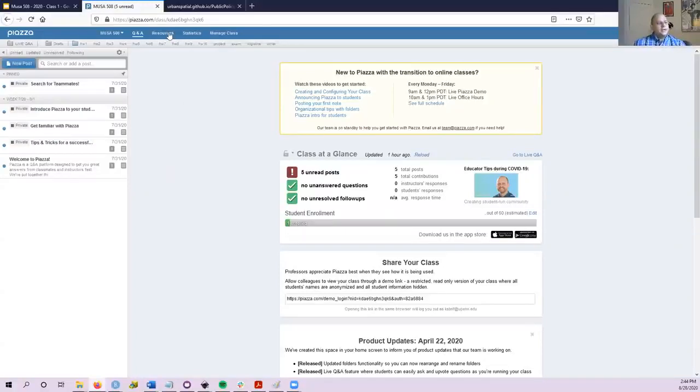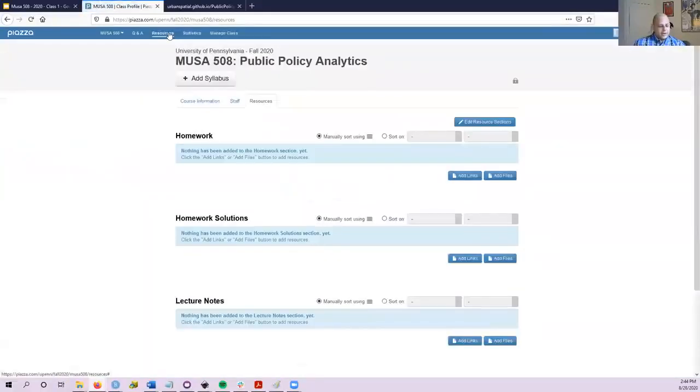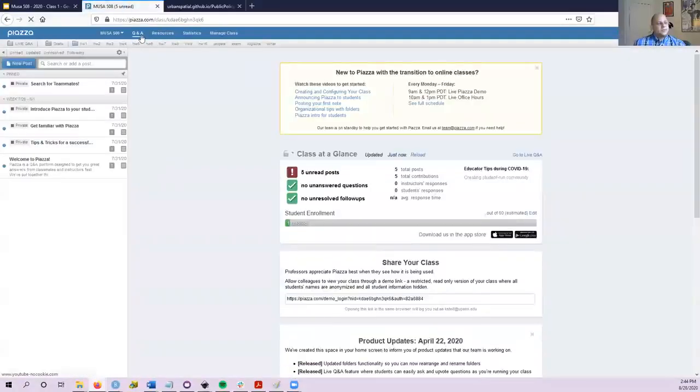You will see this resources tab is really important, where you can access assignments. But this Q&A place is where you're going to go the most. So there will be a folder for every homework. I still have to customize these.